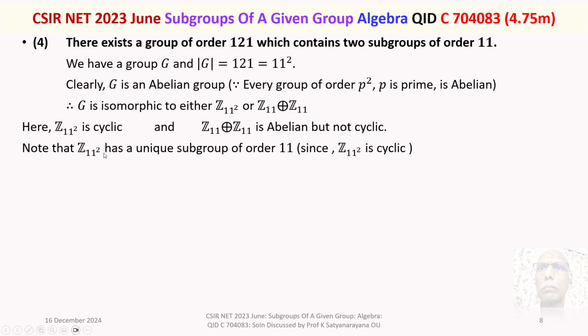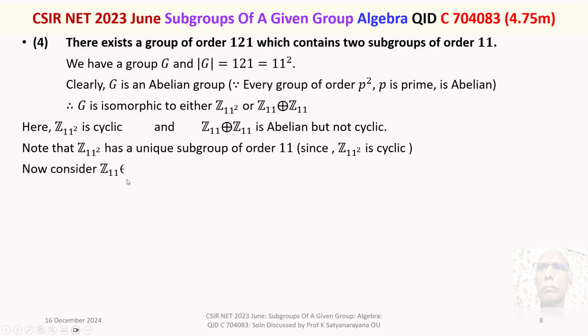So, 11 divides 11 squared, and Z11 squared is cyclic, therefore it has a unique subgroup of order 11. But we want two subgroups of order 11. Therefore, this is not the group that we are looking for. Perhaps it may be Z11 ⊕ Z11, which is abelian but not cyclic.